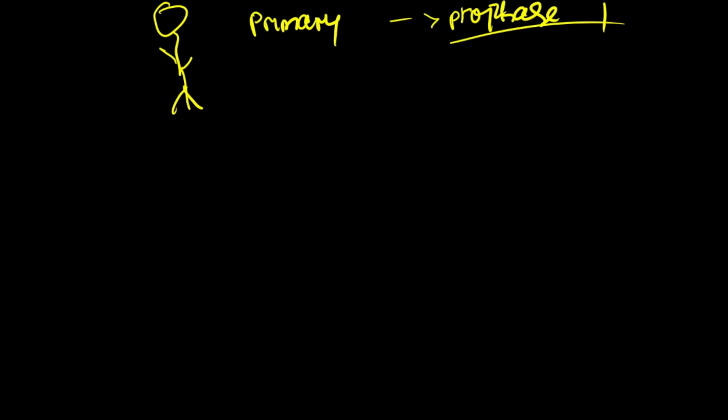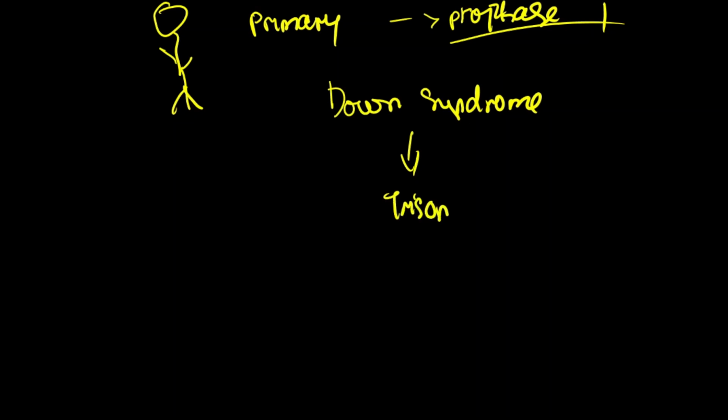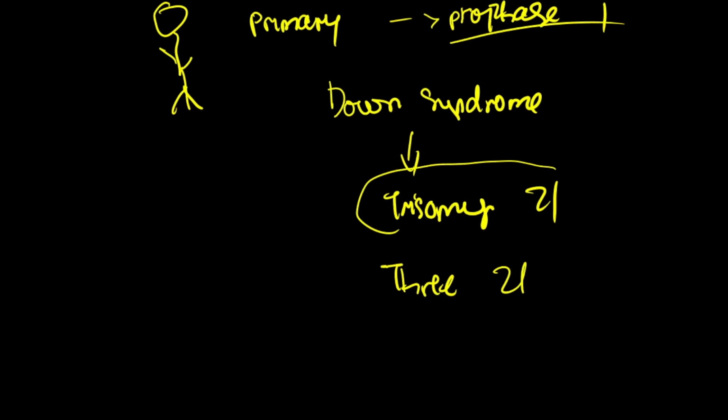Now the clinical correlate we'd be considering is Down syndrome. Down syndrome is also known as trisomy 21 because it occurs as a result of the presence of three chromosome 21.